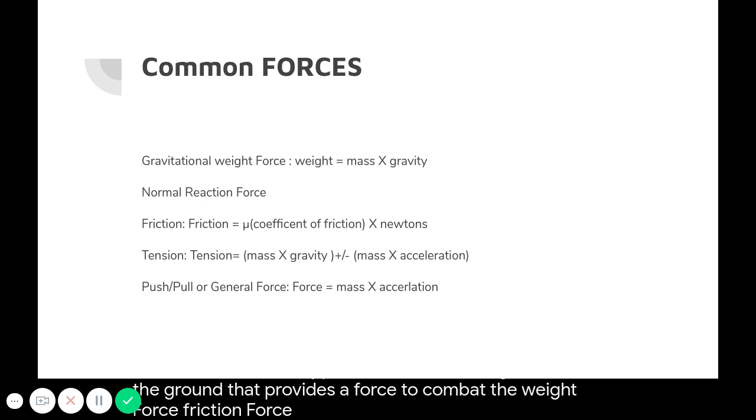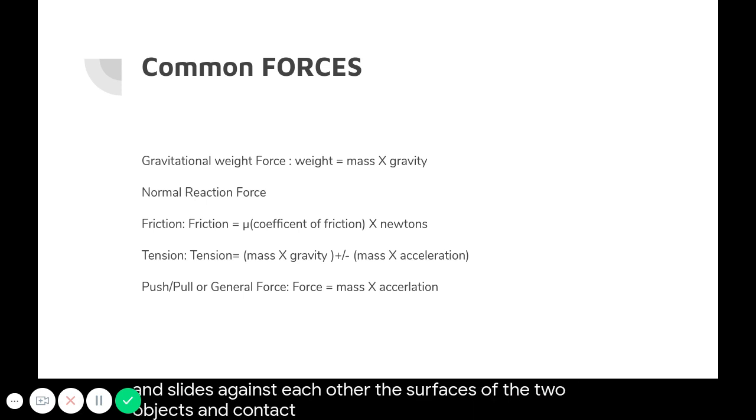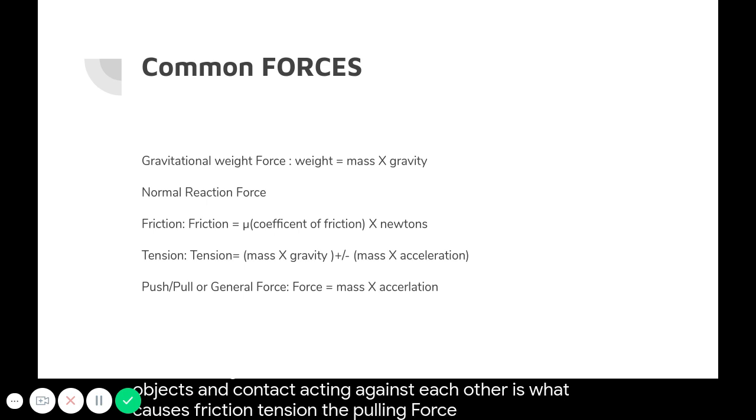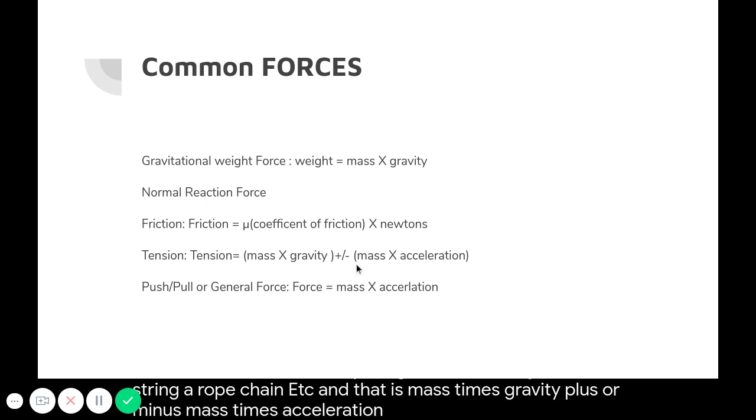Friction force is between two surfaces that contact and slide against each other. The surfaces of the two objects in contact acting against each other is what causes friction. Tension is the pulling force on an object via a string, a rope, or chain, etc. And that is mass times gravity plus or minus mass times acceleration.